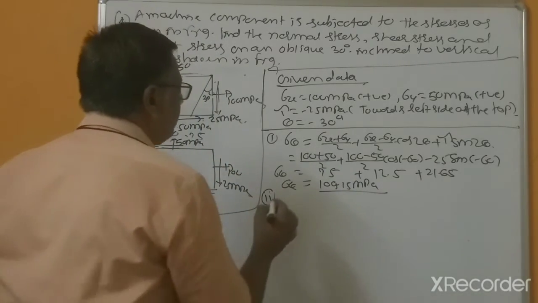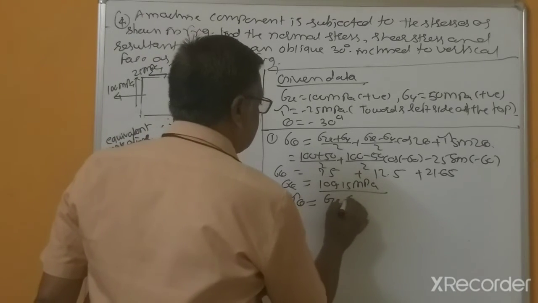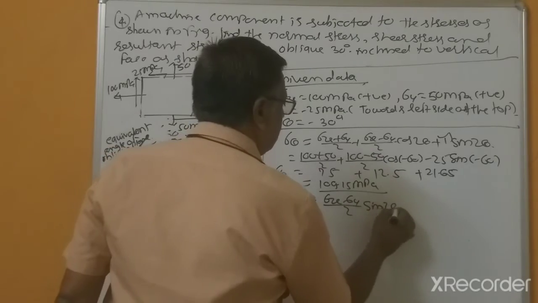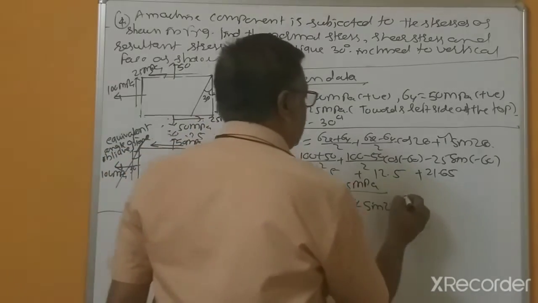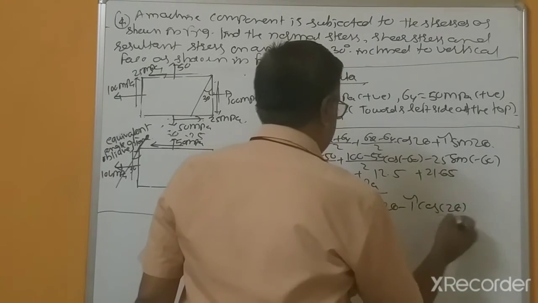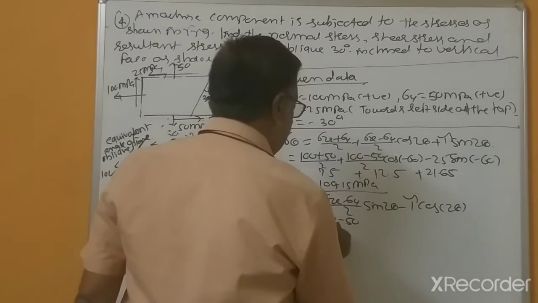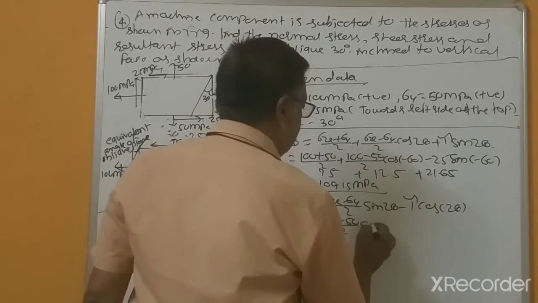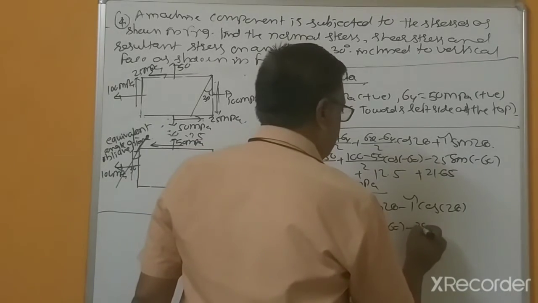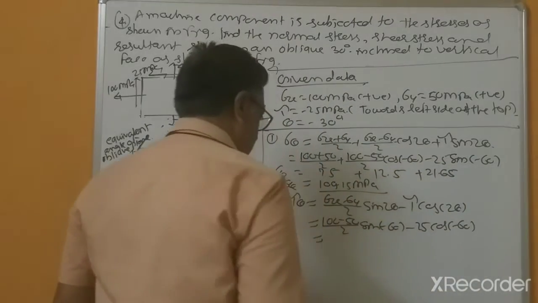Second answer, tau theta equal to, so we have to change: sigma x minus sigma y divided by 2 sin 2 theta instead of the cos 2 theta, minus tau cos 2 theta. So again this is 100 minus 50 divided by 2 sin minus 60 minus 25 cos minus 60.